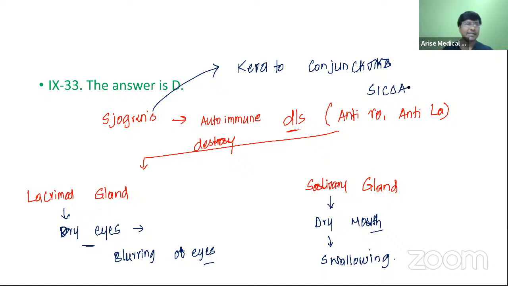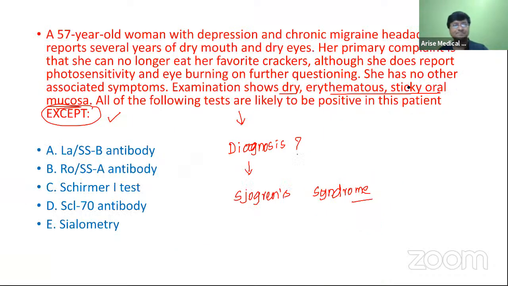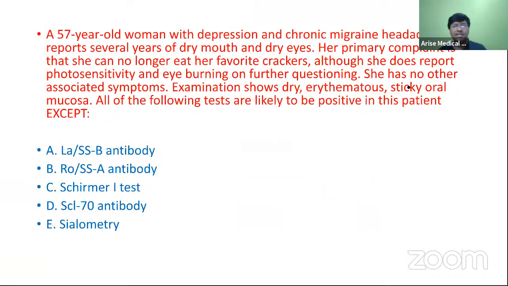Now, what are the investigations that you will do in Sjogren syndrome? I said that you have two antibodies, anti-Ro and anti-La, which are nothing but your SSA and SSB. SSA is your anti-Ro, SSB is your anti-La. We also do the Schirmer's test, and the purpose of this test is to assess the lacrimal secretion.